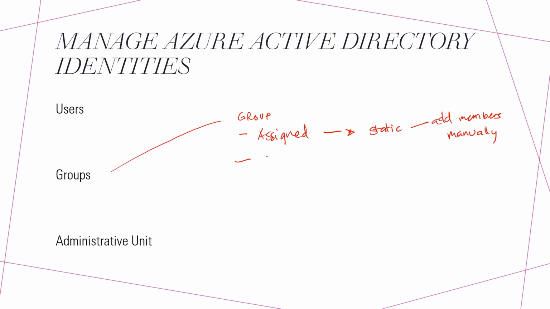And there's dynamic user and dynamic devices. These two types of group assignment rely on rules. So for example, let's say you create a group here, new users group.